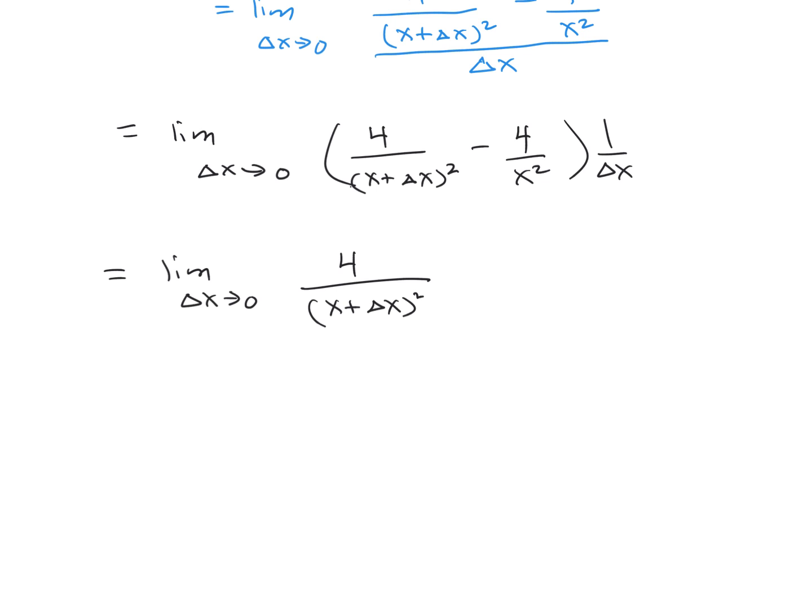So again, multiply by an x squared over an x squared. In our second fraction, we will multiply by x plus delta x squared in the numerator and denominator. And don't forget that this whole thing is still being multiplied by our 1 over delta x.